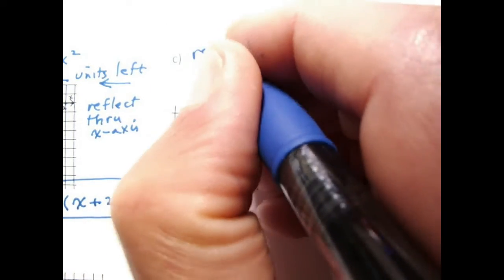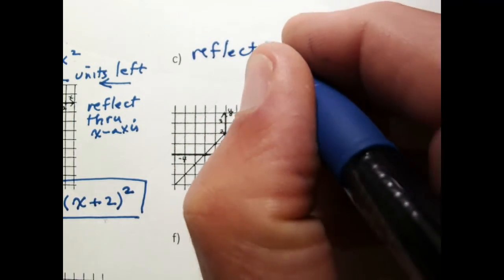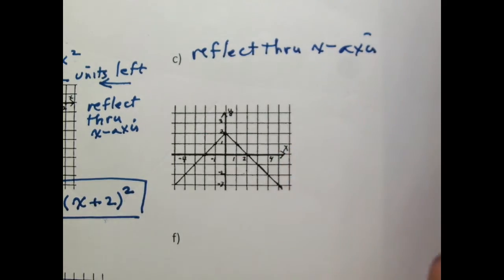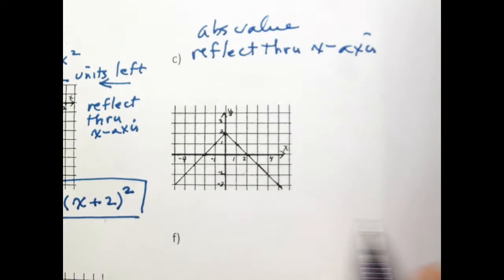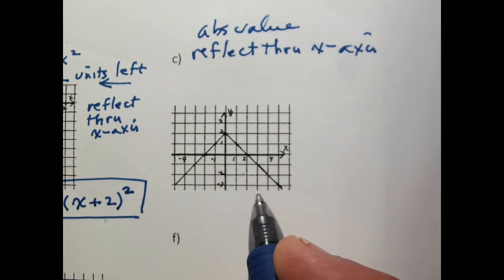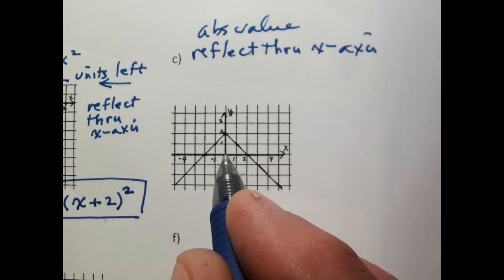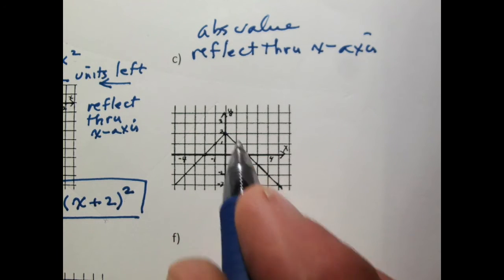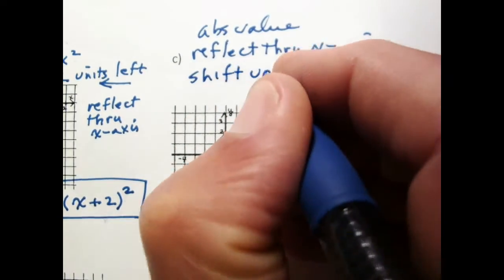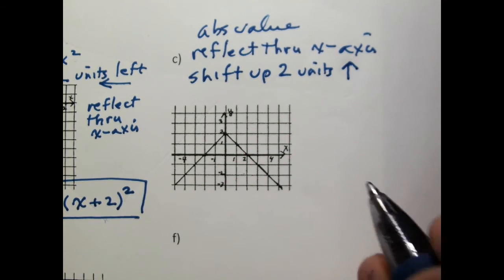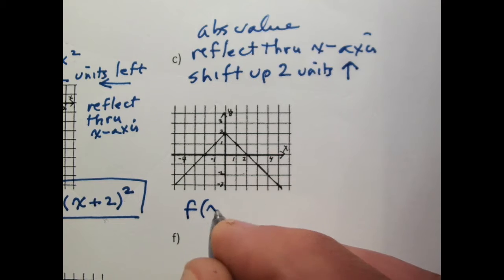So if I just reflect through the x-axis, that's absolute value, then I'm going to have a point down here where the upside down absolute value has its point right at 0, 0. So then I want a vertical shift up 2 units after that.